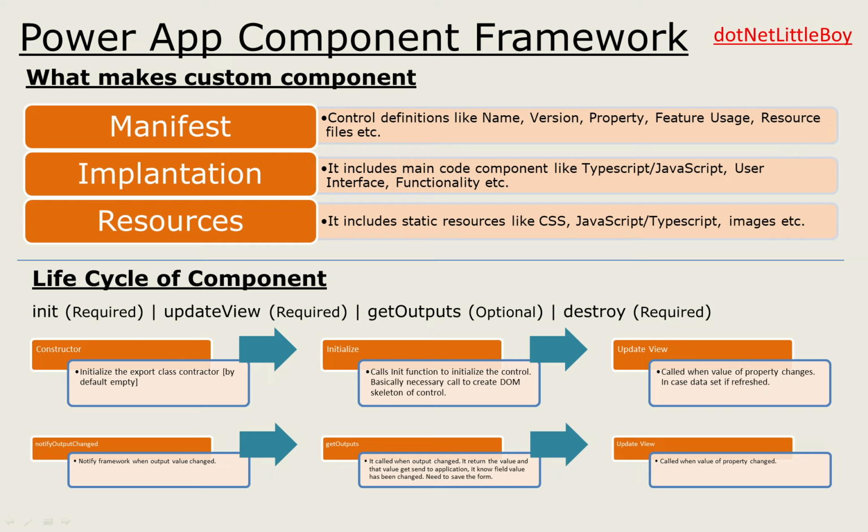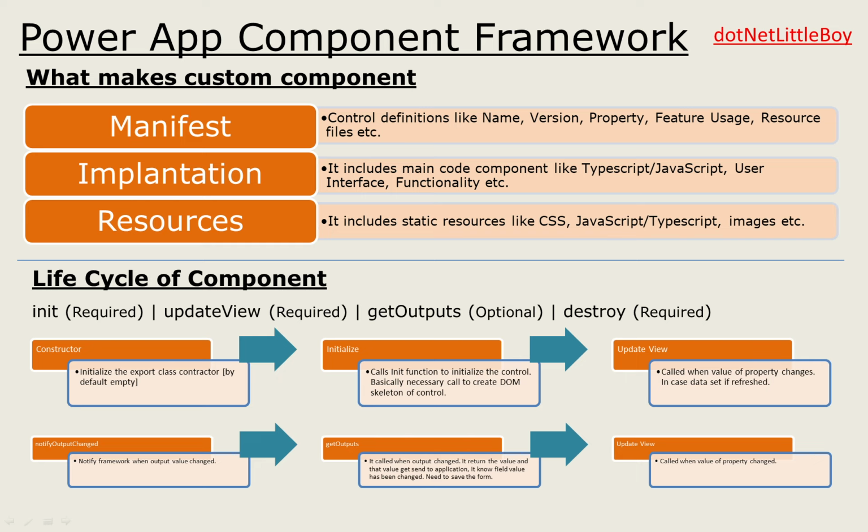If you change some value in the field, then it will call this notify output change method automatically as soon as it is changed, and this will notify the framework that some value has been changed. And when this value change happens, then it will get the value using the get output method from that field, and then send it to the host server, and then it calls the update view to render the updated value.